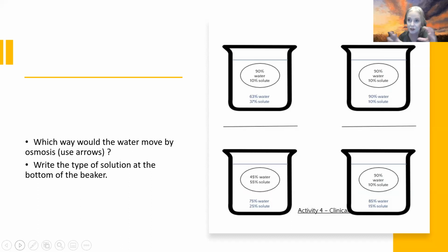And then we put it into a solution and see what happens to the egg. But here we're talking about different concentrations. So we've got to look at these beakers and figure out which ones are which and the technical names for them. If we have 90% water and 10% solute, let's just assume that the solute is salt for the moment.